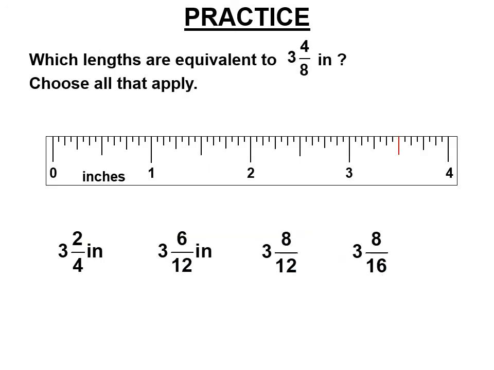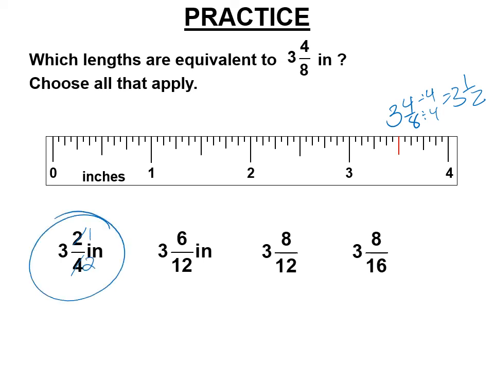All right, so which are equivalent to 3 and 4/8? So there's 3 and 4/8. Well, 3 and 4/8 can be simplified, right? We can do it by 4, and that makes 3 1/2, okay? 3 1/2 isn't one of our choices, though. But 3 and 2/4 does simplify to 3 1/2, so yes. 3 and 6/12, divide by 6, not 3.